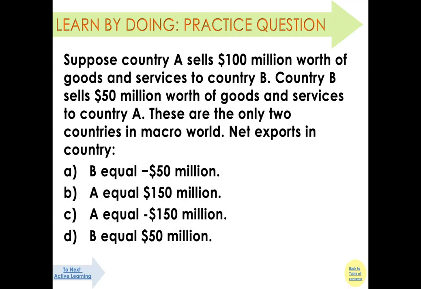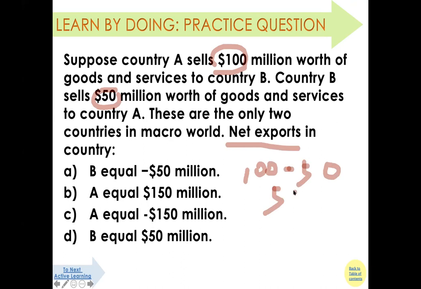Suppose country A sells 100 million goods to B, and country B sells 50 million to A. The question asks net export in country A or B. So we start with A. A has net export of 100 minus 50. That just gives you 50.